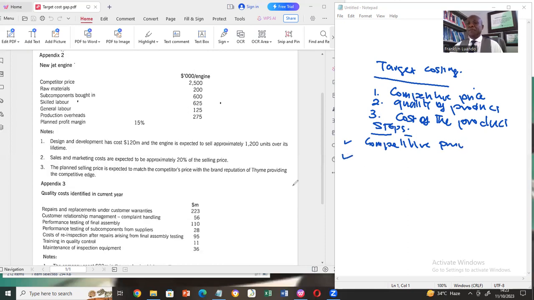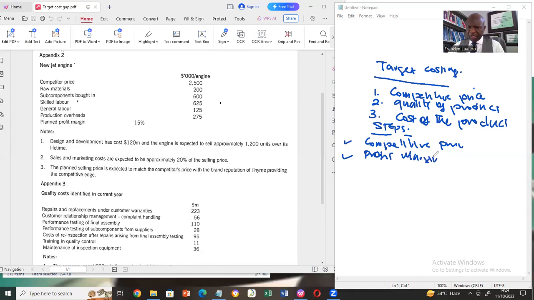Number 2, what is the return on investment? The return on investment for the company is known, or what will be the shareholders' expected return on their investment? So in short, this is the profit margin.